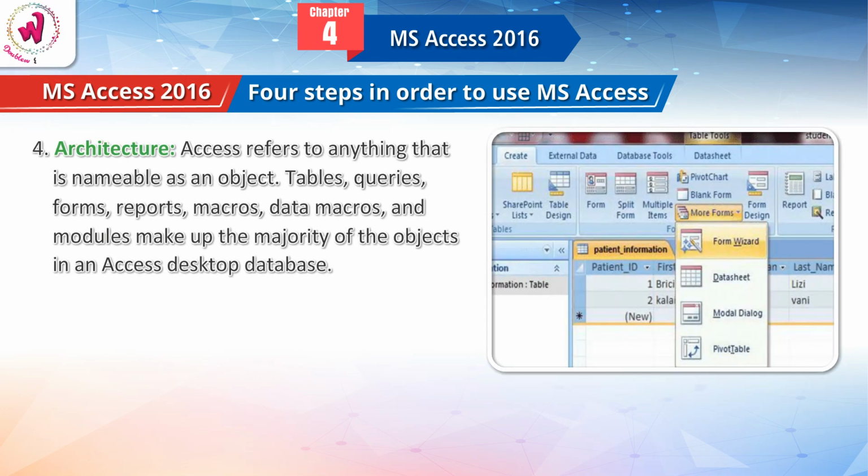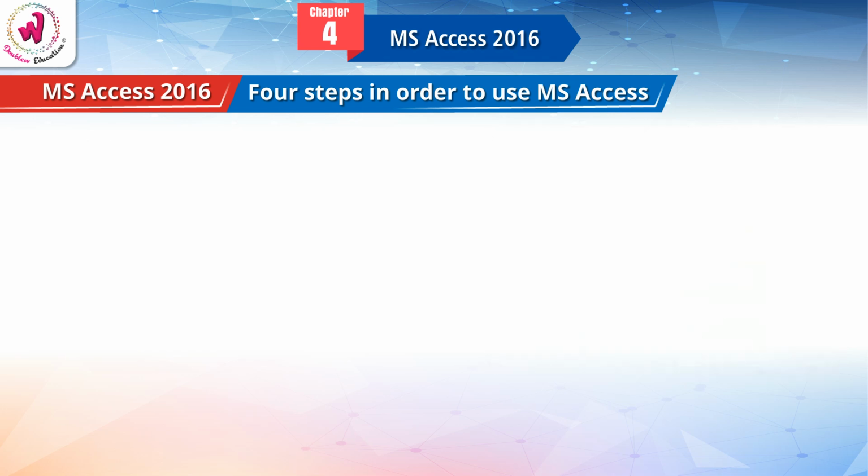4. Architecture. Access refers to anything that is nameable as an object. Tables, queries, forms, reports, macros, data macros, and modules make up the majority of the objects in an Access desktop database.